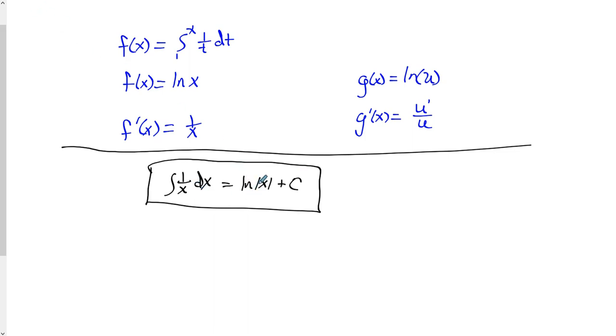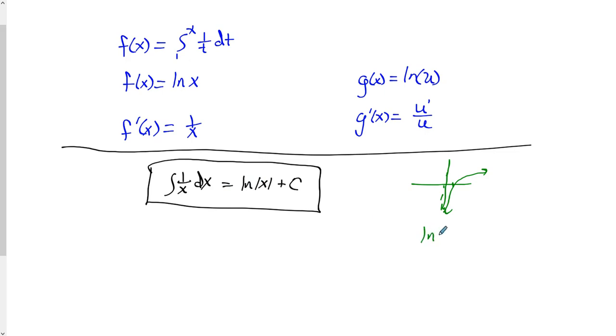Now I think it makes good sense why we have the absolute value of x in here. I think we've had this discussion and considered the graphs of natural log before. If I'm graphing your basic natural log function, the key point at (1, 0), it is defined for all x greater than 0 only. So it doesn't make sense to take the natural log of a negative.